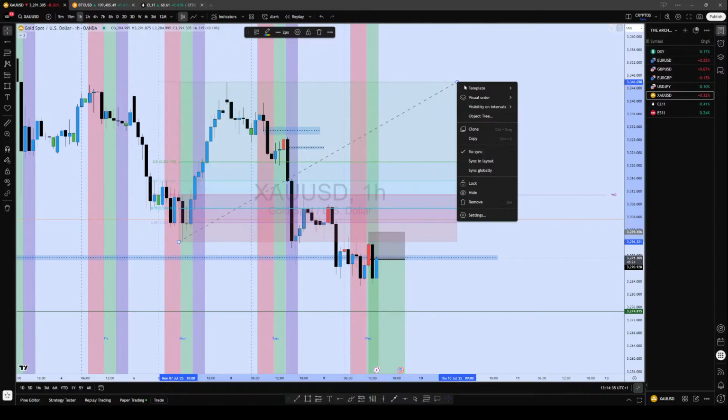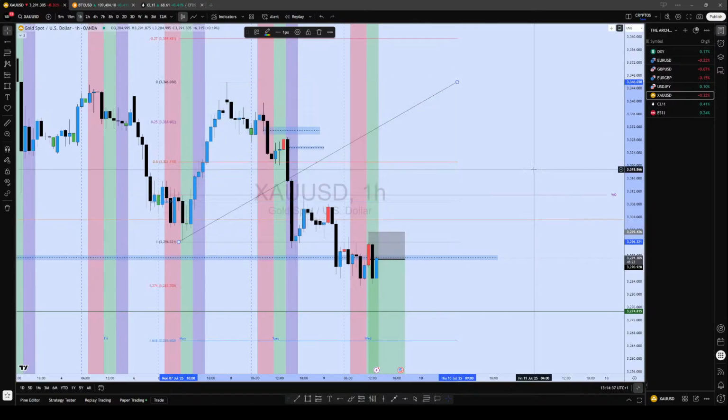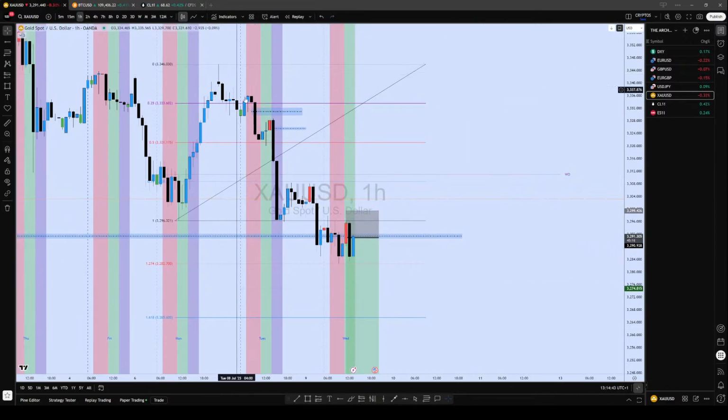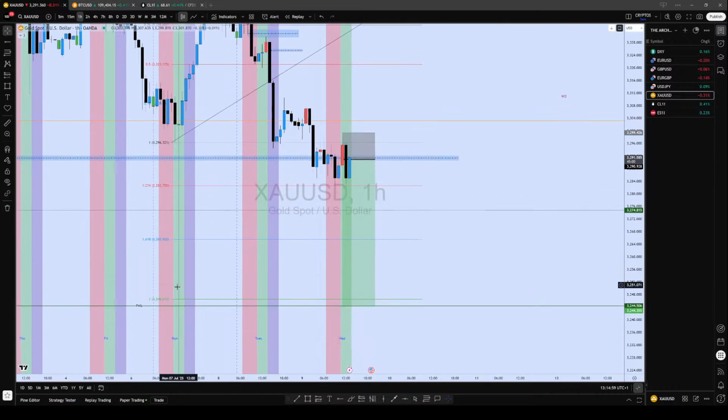So when I say symmetrically, you can use this tool that I gave you all to measure a target on the downside. So usually if we start the week and we have the manipulation to the upside first before we go down, once we break the origin of the move, price will go for 618 and then 2% respectively.